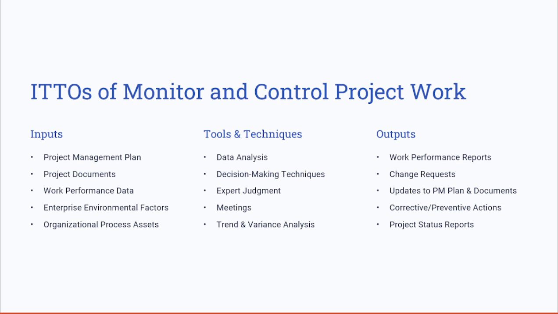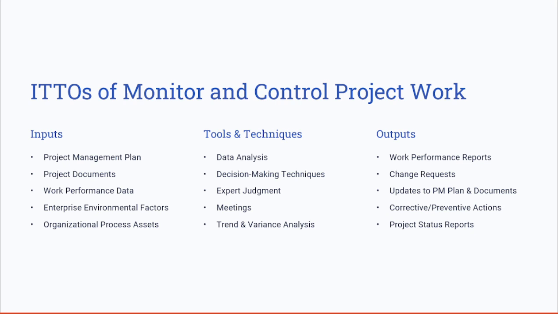Some outputs also include the change requests and sometimes updates to the project management plan and documents. We also have corrective and preventive actions and the project status report. So these are the key ITTOs that we have already discussed during monitoring and controlling the project work.